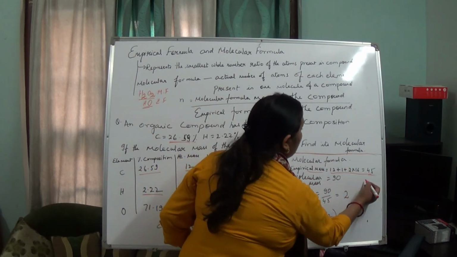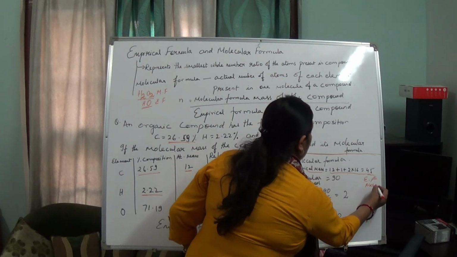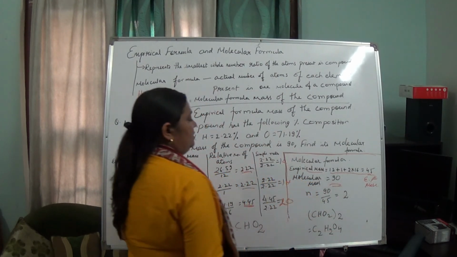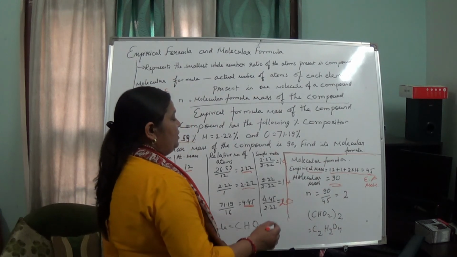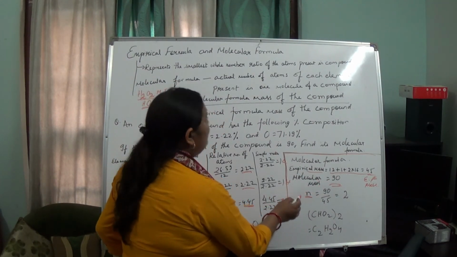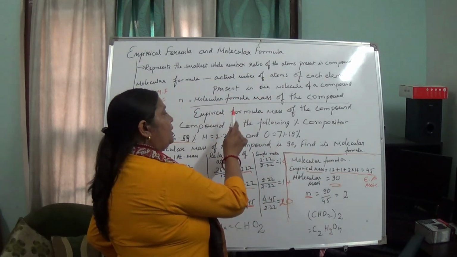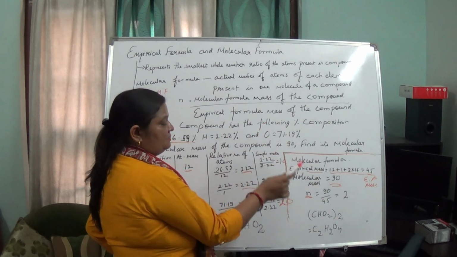So this is the empirical formula mass, and this is the molecular mass given. You have to take out the number: molecular formula mass of the compound upon the empirical formula mass of the compound.